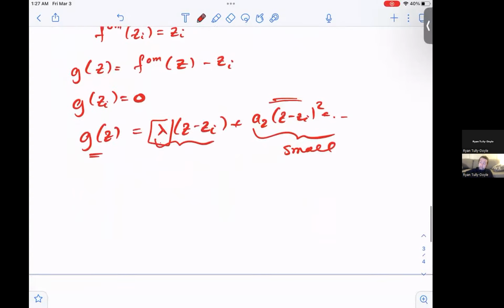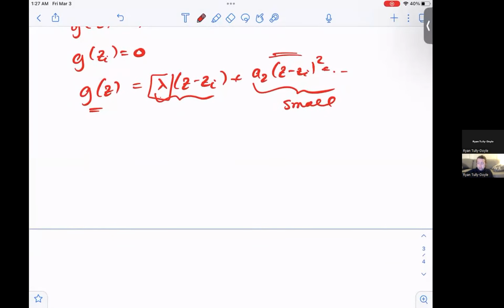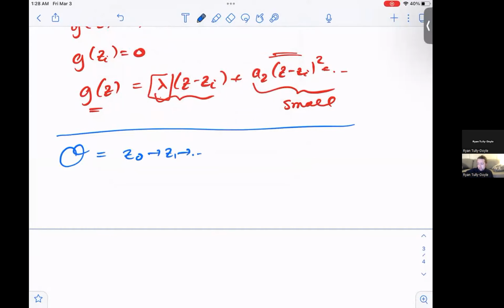Okay. So the next idea that we need is an idea called the basin of attraction. We mentioned this yesterday in the notes. If we use a sort of fancy letter, I guess we can use the letter O here to stand for the orbit z_0 to z_1 up to z_m, which is equal to z_0, just to give it a name. Let's suppose this is an attracting orbit.